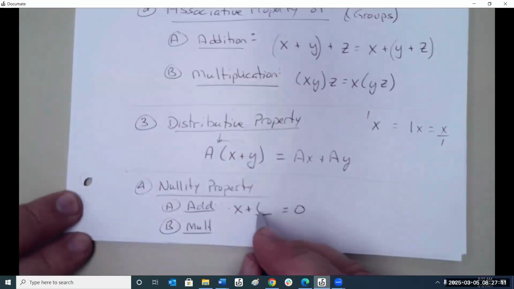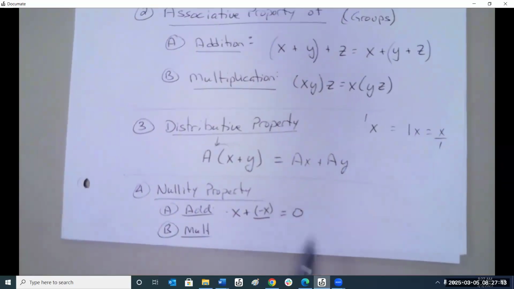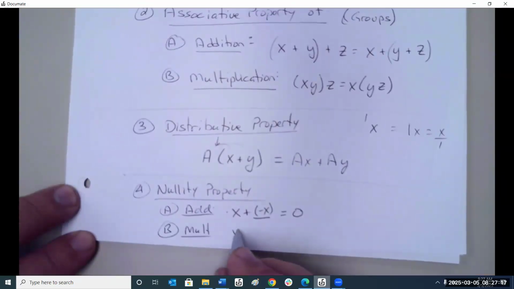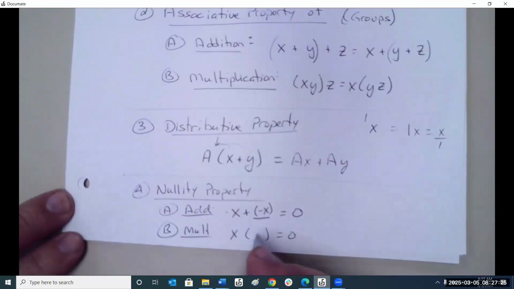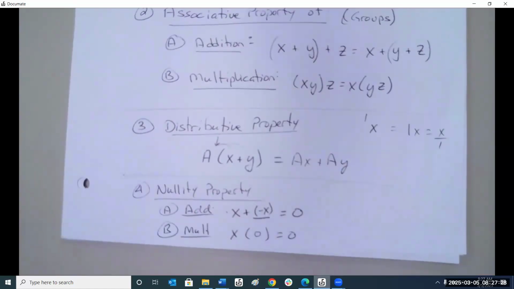Negative x. It's just the opposite. Whenever you're adding, it's always the opposite. In multiplication, x times what gives me 0? 0. Anything times 0 is 0. Anything times 1 is itself.